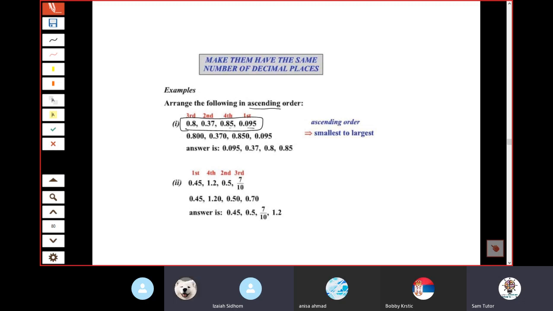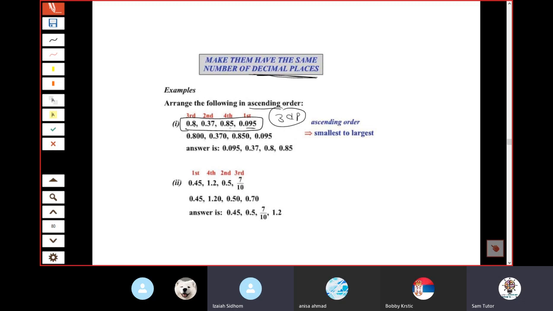So they don't match. What you've got to do is make them all have the same number of decimal places. We look at the largest decimal place, which in this case is 3. We're going to make all of them 3 decimal places, and we can add zeros to do that.